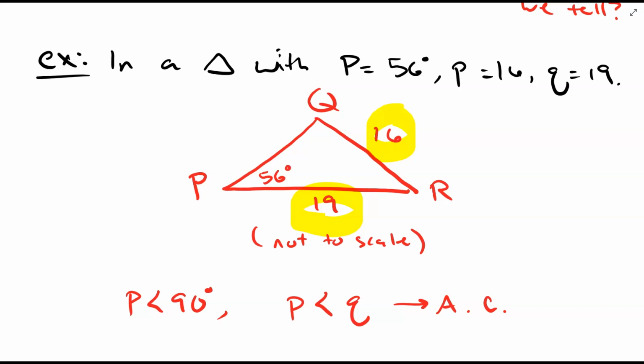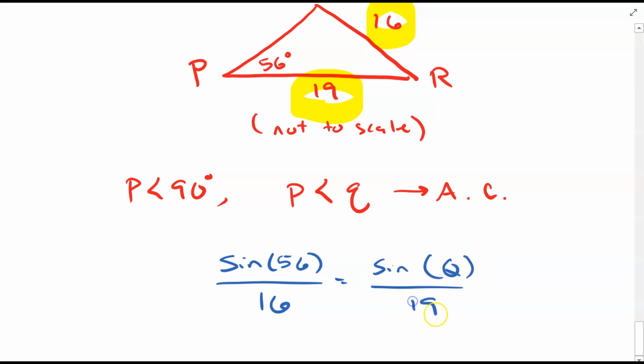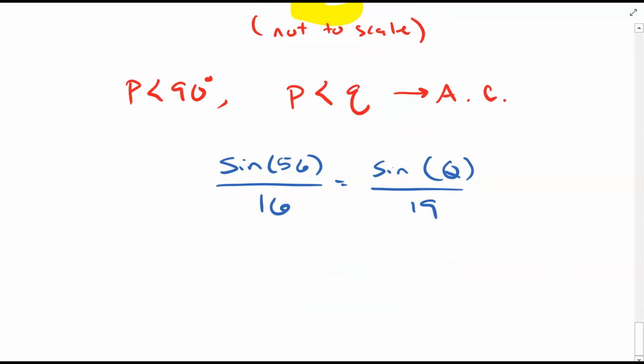So to figure out whether I'm looking for 0, 1, or 2 triangles, I'm just going to use the law of sines. So I can say sine 56 over 16 is equal to sine Q over 19. So if I cross multiply and divide, I'm not going to show the cross multiplication as a separate step here.